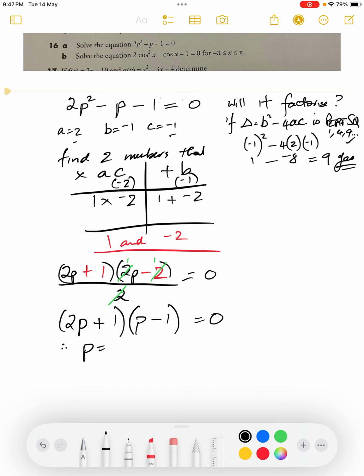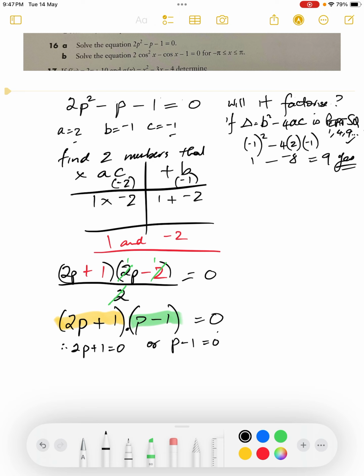Therefore, I'll do this a little bit slower. That bracket has to equal 0, or that bracket has to equal 0, because there's a factor, there's a second factor, and one of those factors has to be a 0, so that when you multiply them, you get a 0.